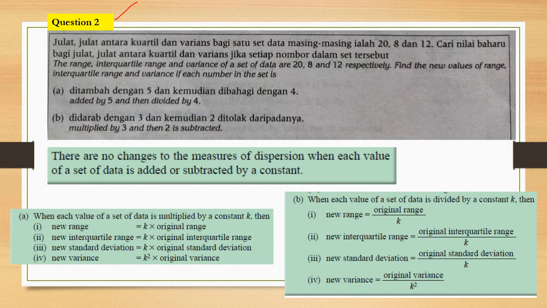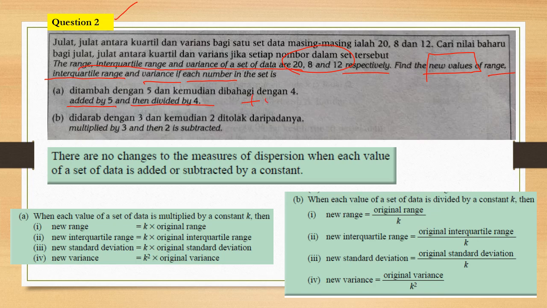Okay, let's see question 2. The range, interquartile range, and variance of a set of data are 20, 8, and 12 respectively. Find the new values of range, interquartile range, and variance if each of the data is added by 5 and then divided by 4.